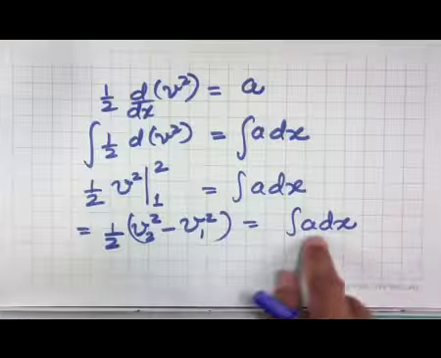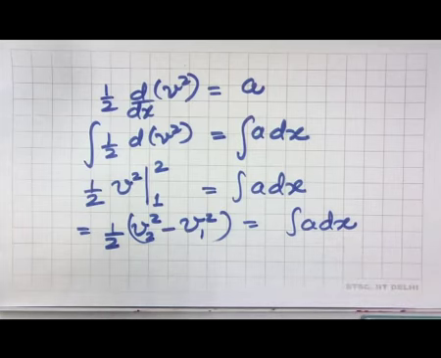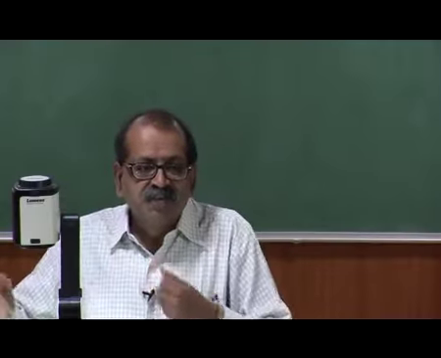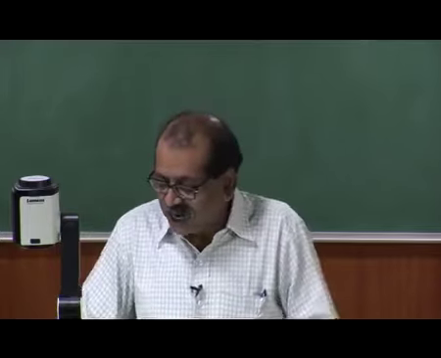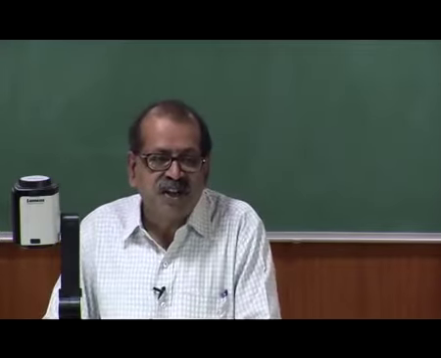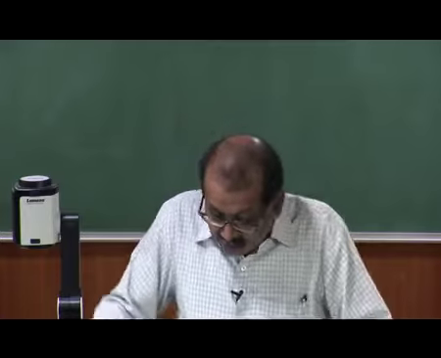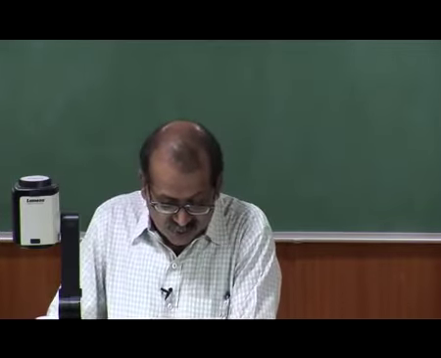And when you take an integral of F with respect to x for straight line motion, force times displacement is what we will define as the work done. So, the work done becomes equal to the change in kinetic energy, a relation which can be seen as following from here.